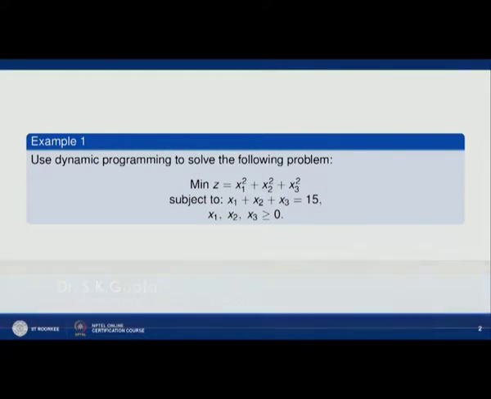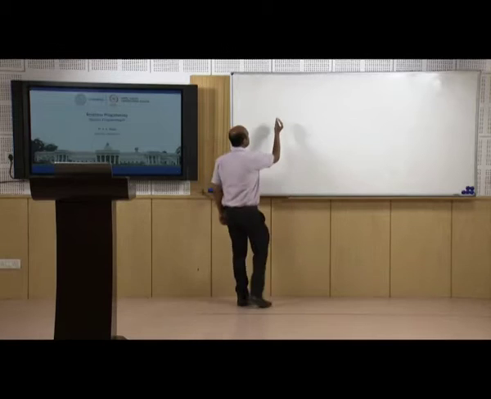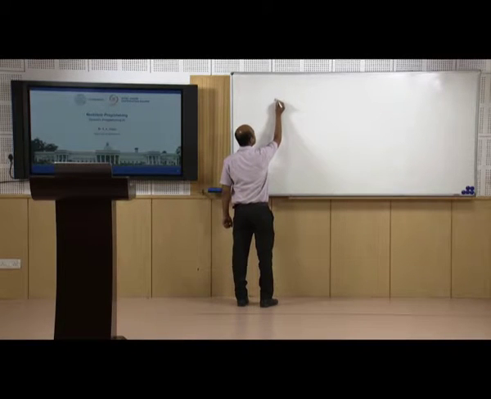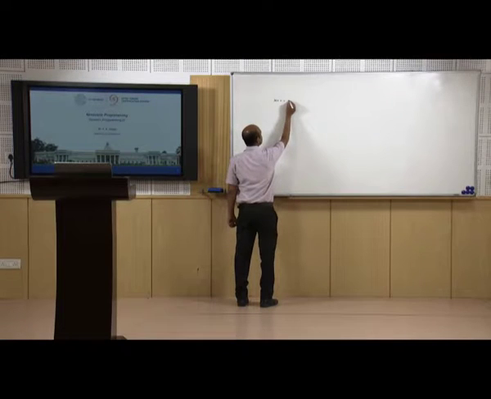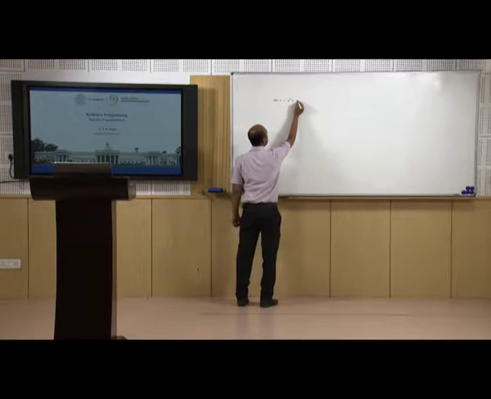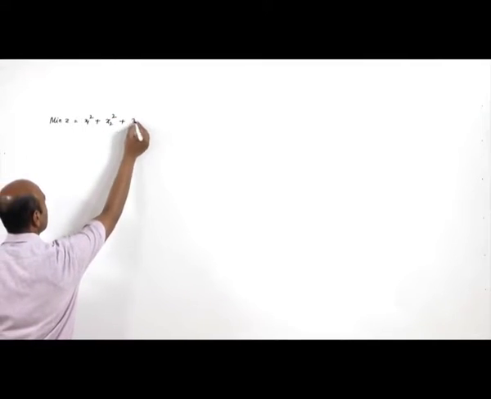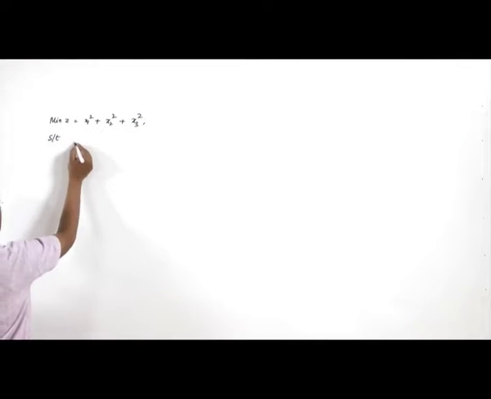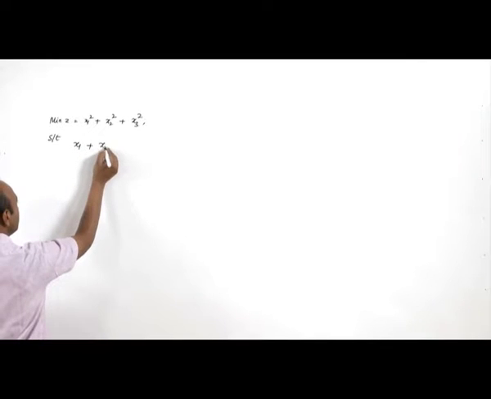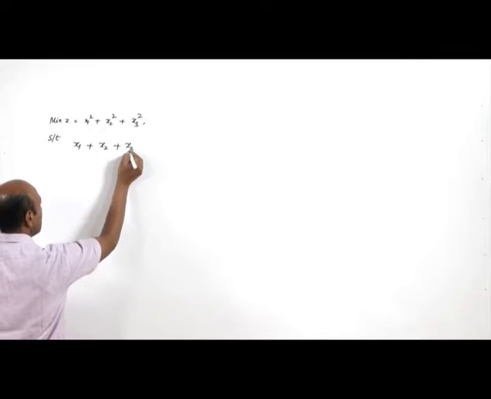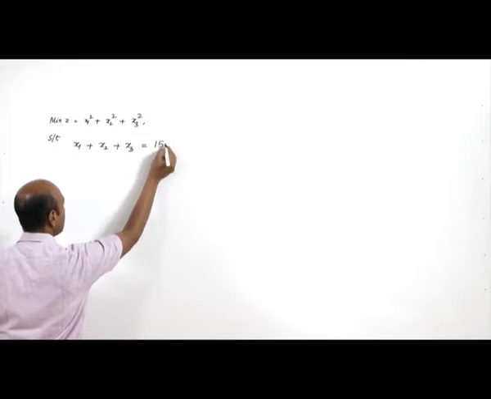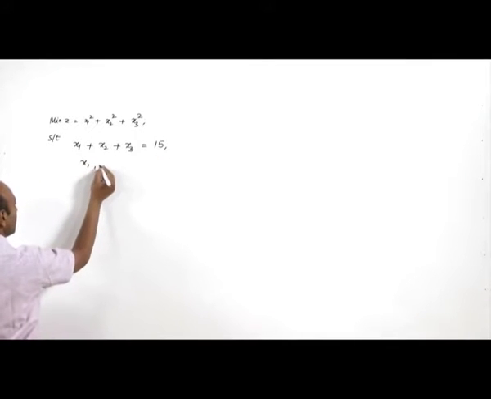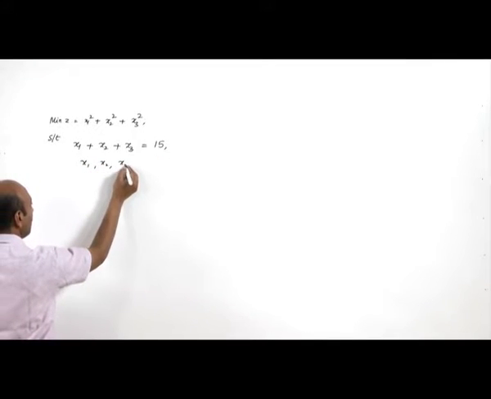Let us try to solve it. Minimize z equal to x1 square plus x2 square plus x3 square subject to x1 plus x2 plus x3 equal to 50 and x1, x2, x3 all non-negative.